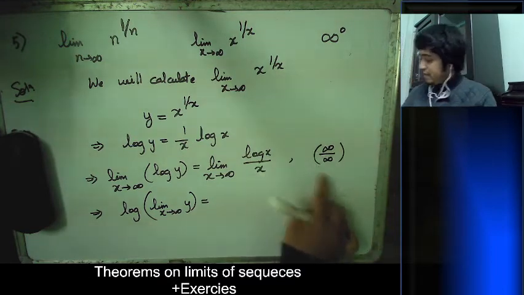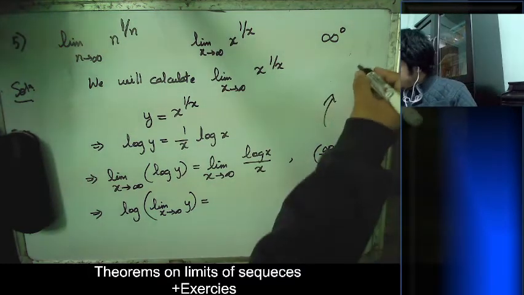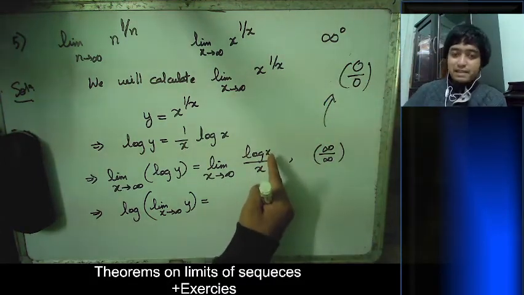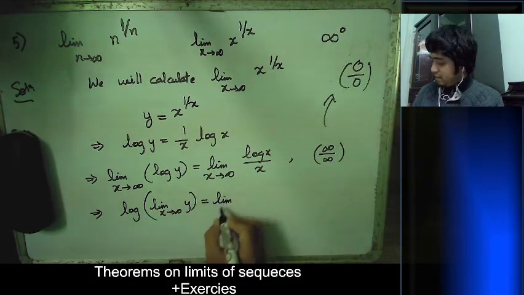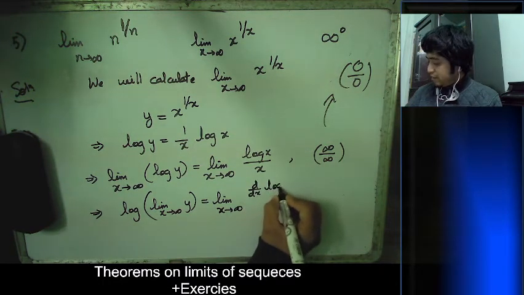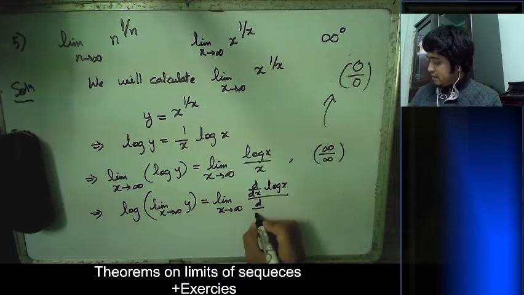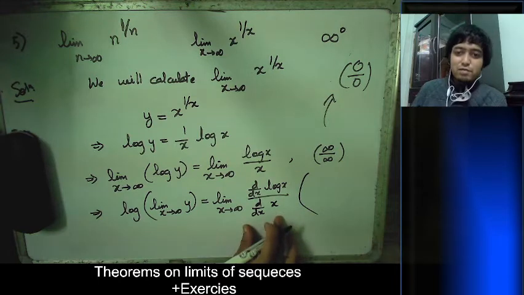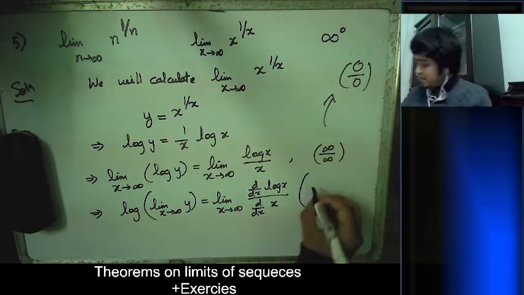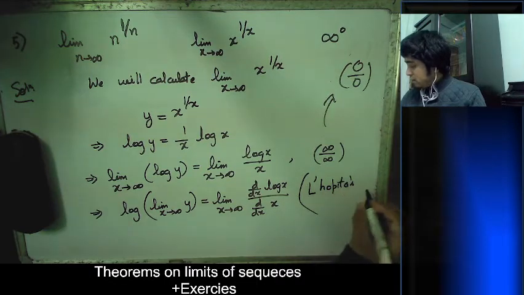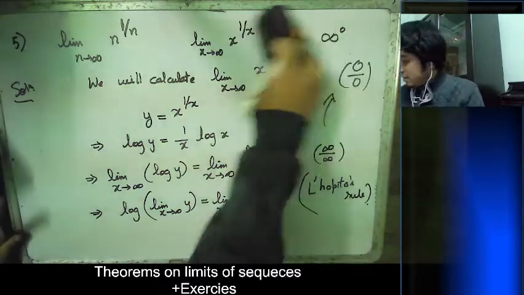Whenever you have infinity by infinity, or sometimes 0 by 0, you will differentiate with respect to x. You will keep this one as it is. Now differentiate the numerator with respect to x, and this one also with respect to x. This is possible because of a rule that you had learned, which is L'Hopital's rule. Okay, so this is what we are having.